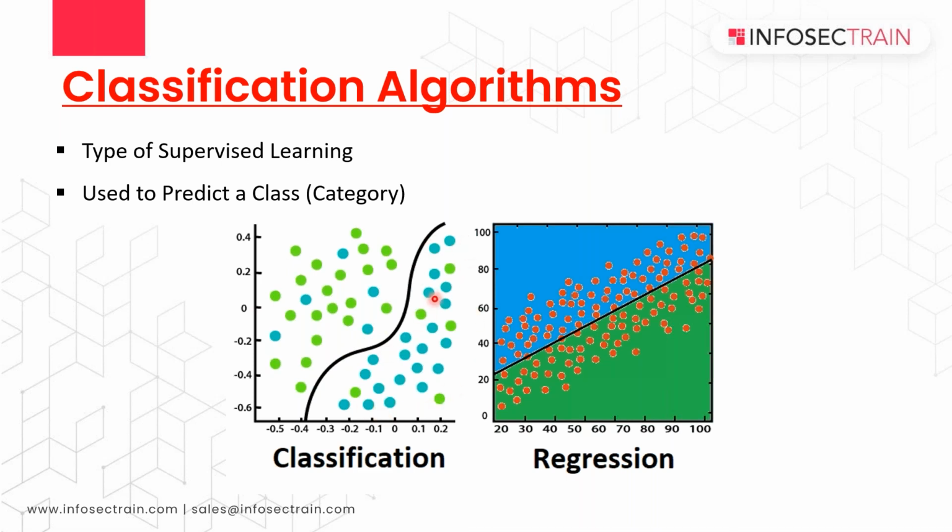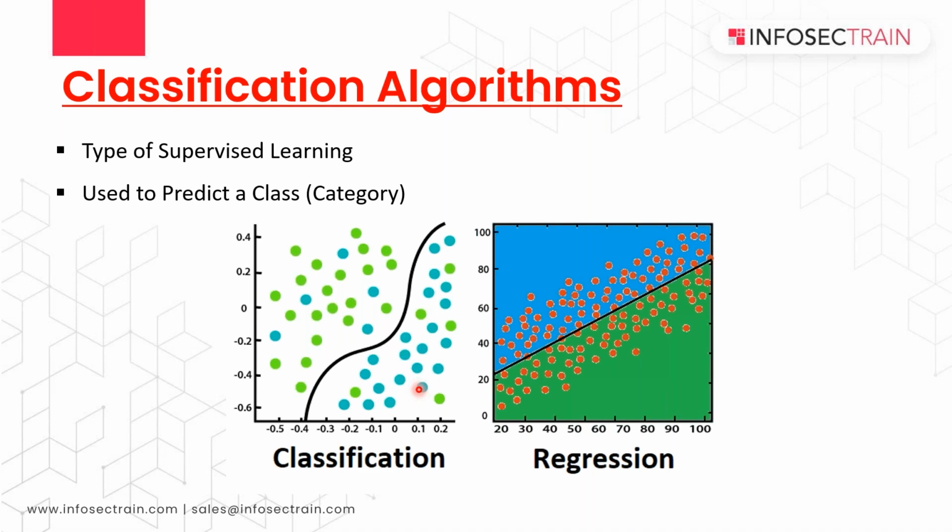So here you can see that we just built the model of classification. Just don't imagine this only in two dimensions. Let's say we have data with at least 10 columns.